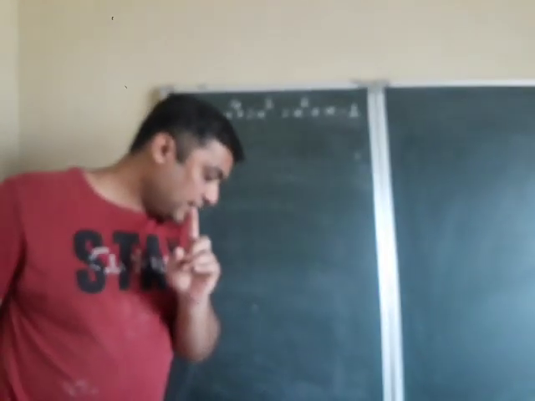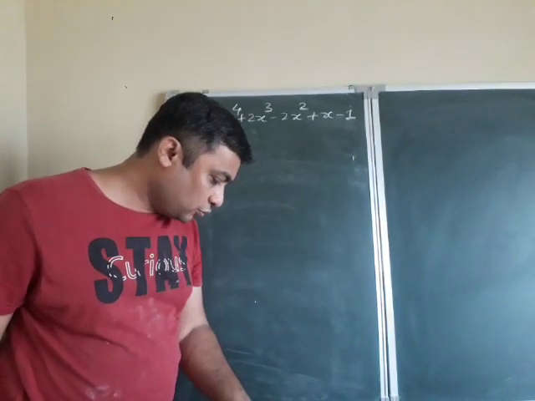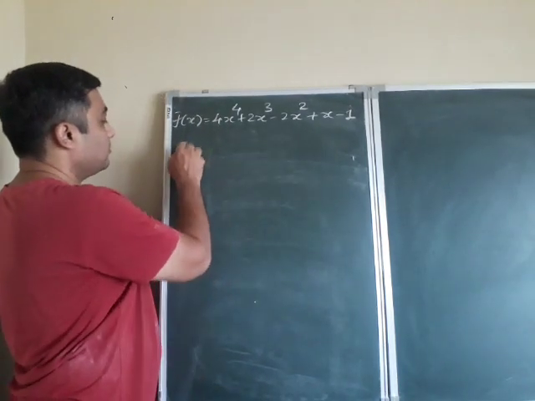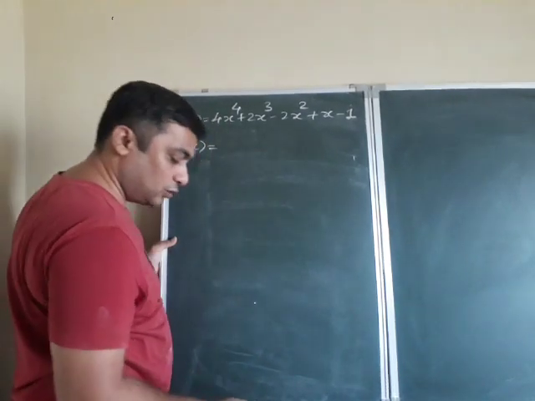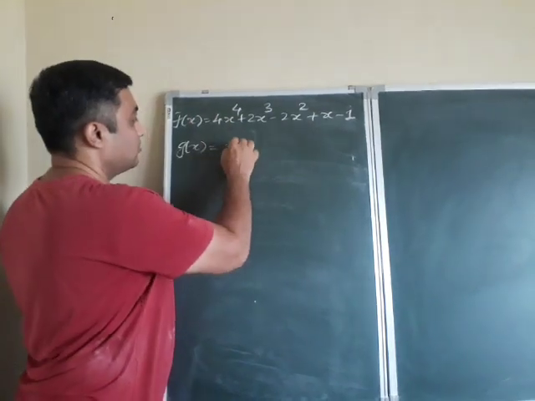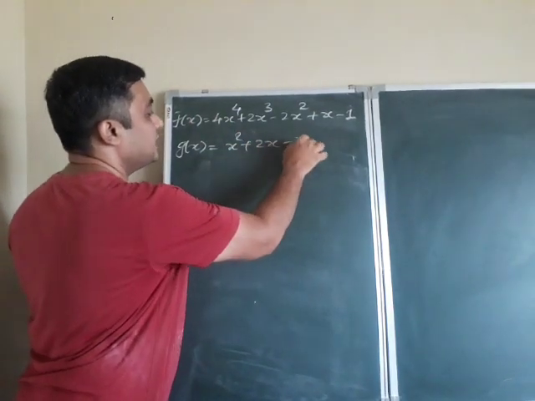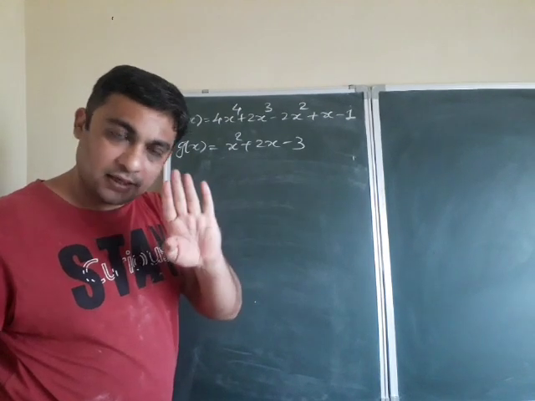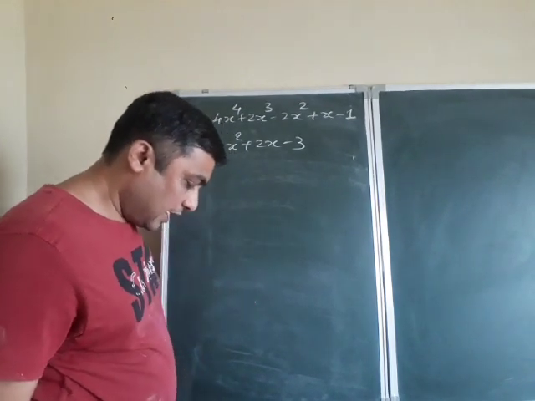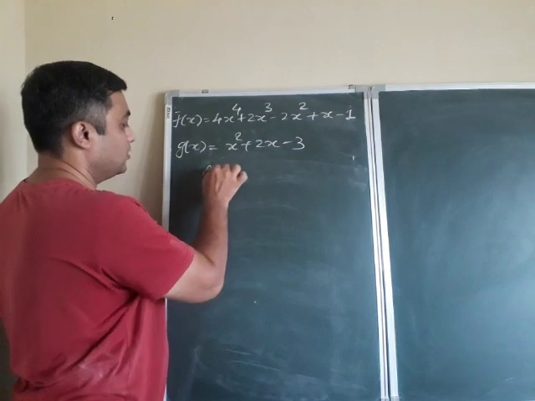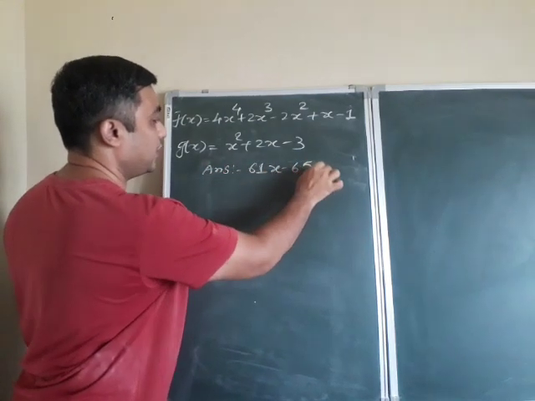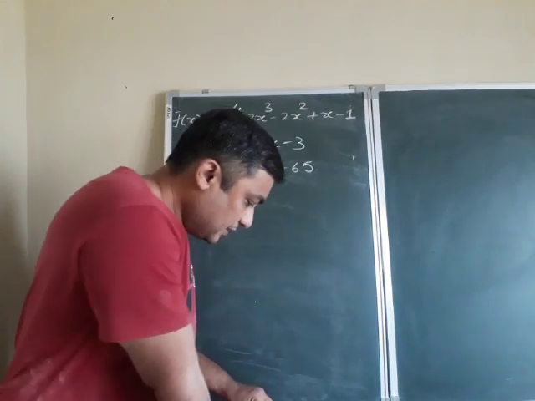So what must be added to this polynomial so that the resulting polynomial is divisible by g of x is equal to x square plus 2x minus 3. It has to be added, so what would be added? Minus remainder. Yes or no? Write down the answer. Answer is 61x minus 65. Do it yourselves.